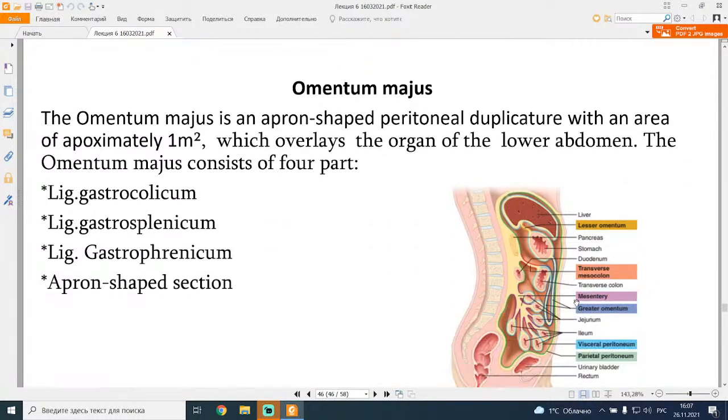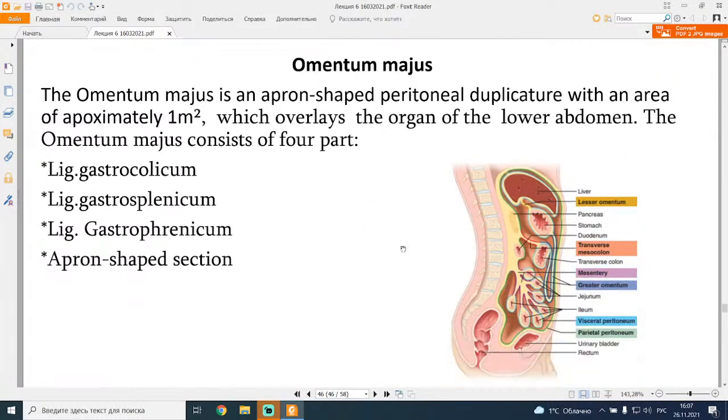Omentum majus is an apron-shaped peritoneal duplicature with an area of approximately 1 meter, which overlays the organs of the lower abdomen.